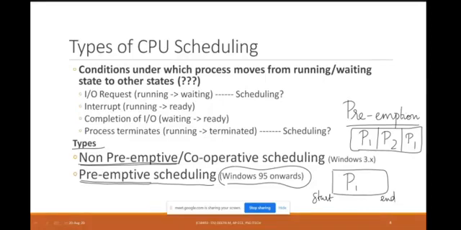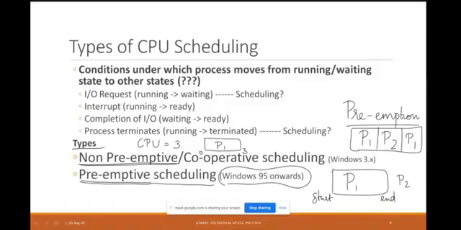Only after completing this process can my processor move to the next process, which means if I am requesting a CPU time of say 3 seconds, in between this 3 seconds, I cannot allow another process to come and take the processor.